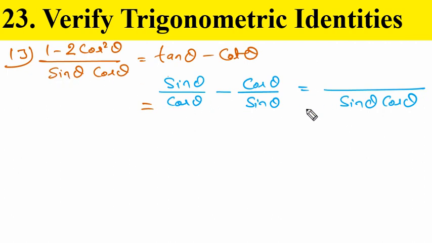And now this will be sin here, cos here, so that will give you sin square theta minus cos square theta, right? Or you can just cross multiply after taking the LCM, sin square theta minus cos square theta.